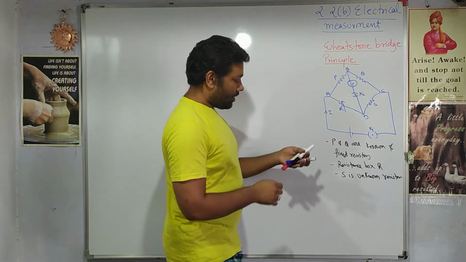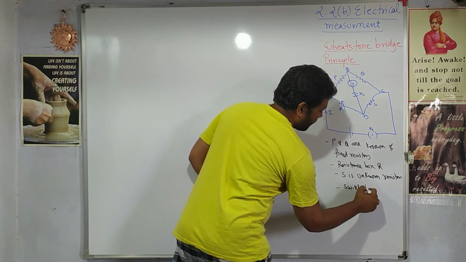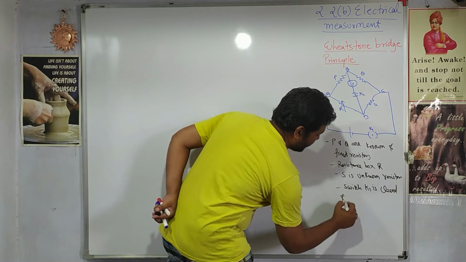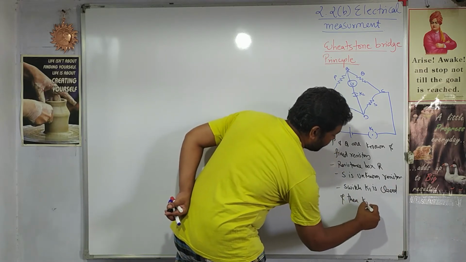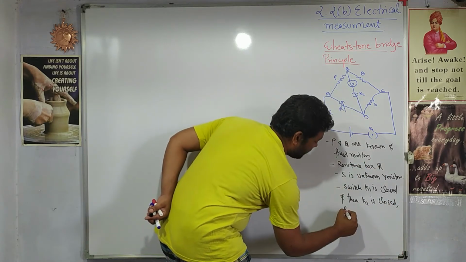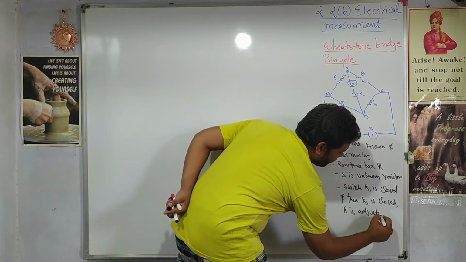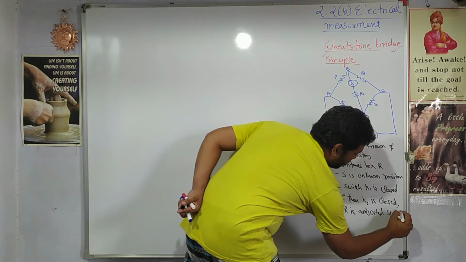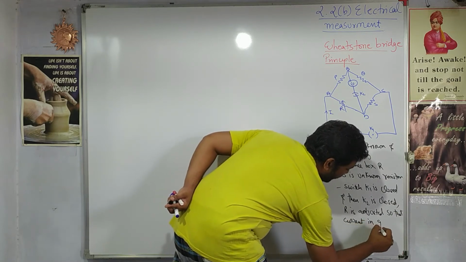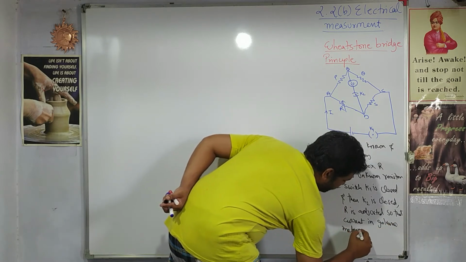As soon as switch K1 is closed and then K2 is closed, R is adjusted so that the current in the galvanometer is 0.